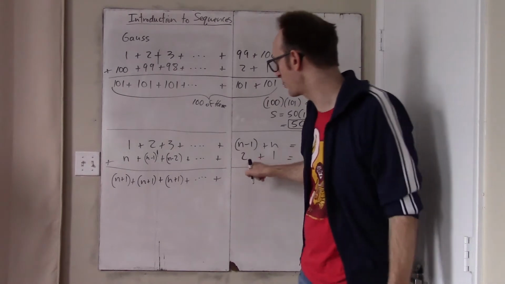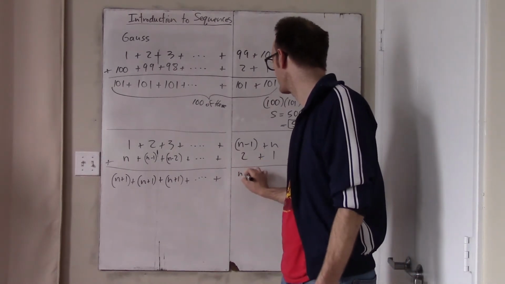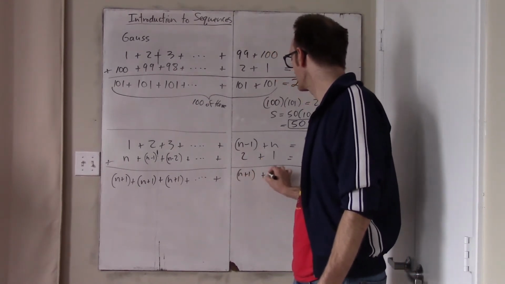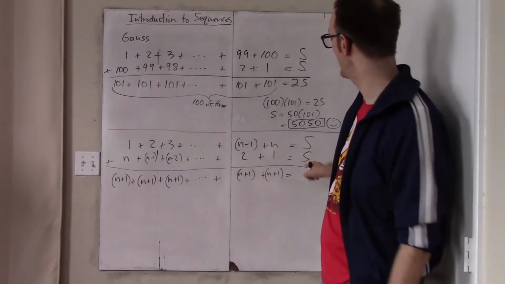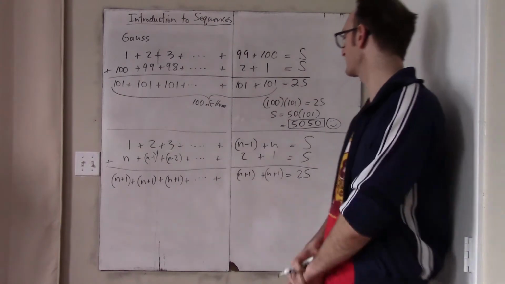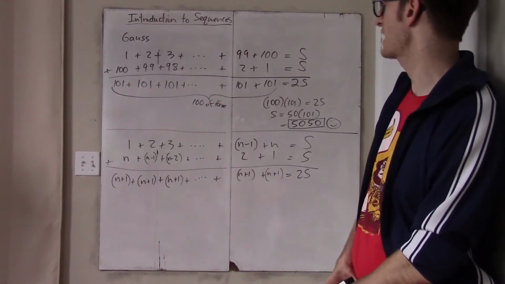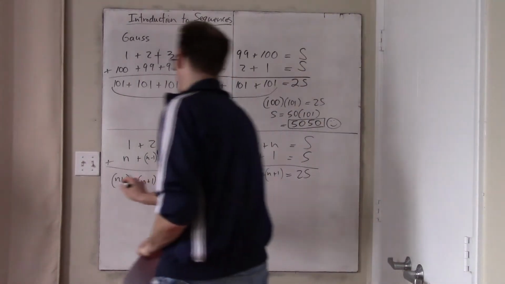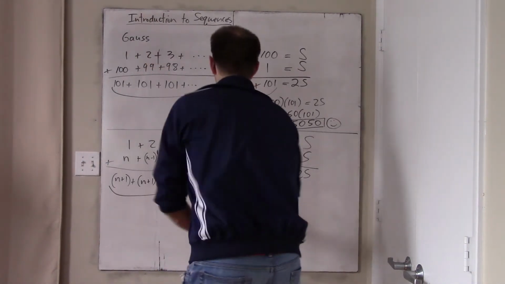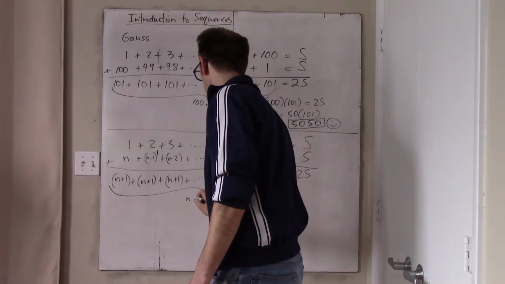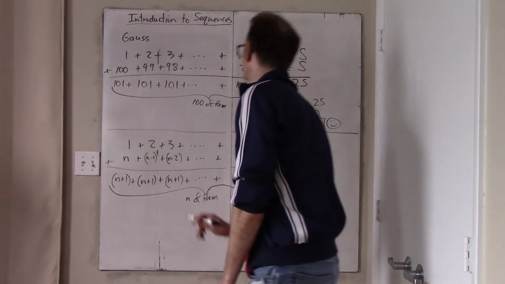Anyway, skipping over to the end here, this is also n plus 1, and this is also n plus 1, and when I add, I get twice the thing that I wanted. And now the question is, how many of these n plus 1s do I have? And the answer is I have n of them.